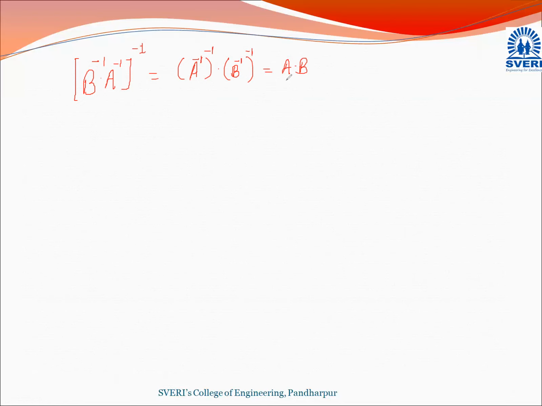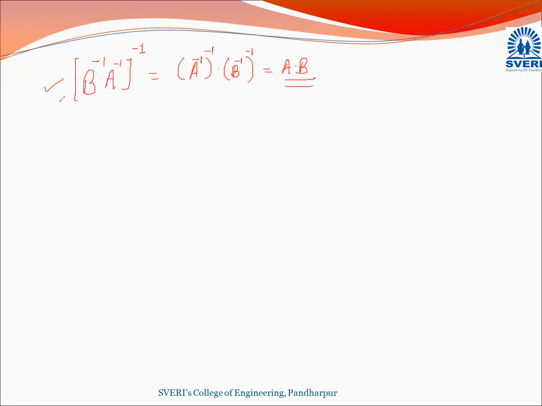But in the shortcut method, we have to remember all these properties which are given in your textbook. So here, (B inverse into A inverse) inverse will be A into B. Whenever we get MCQ type examples, we have to use all these properties to get a quick answer.